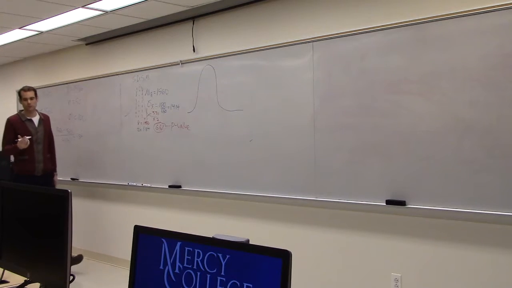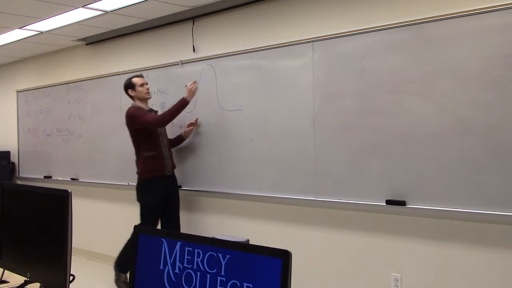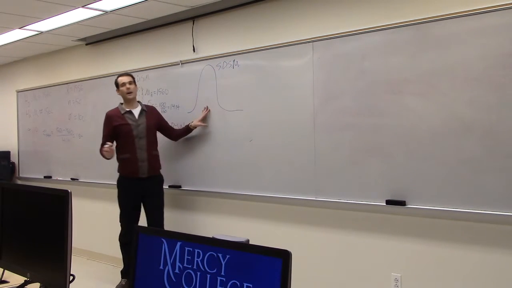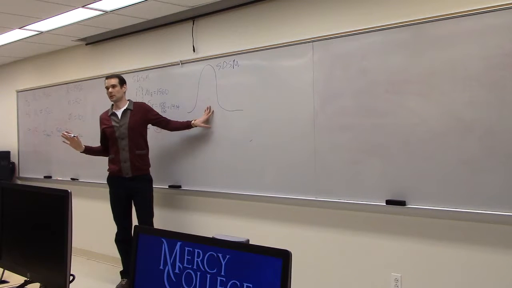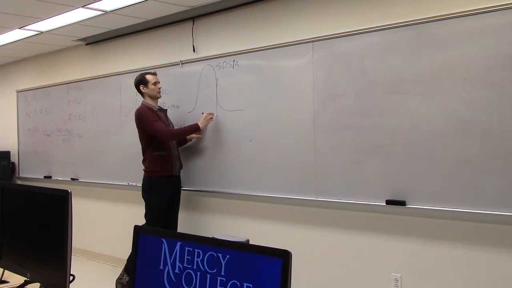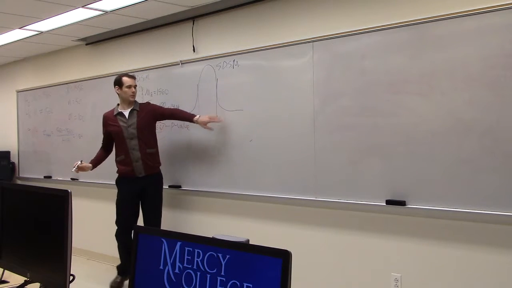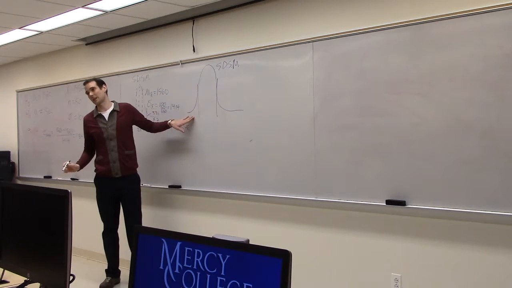And we know, on this sampling distribution of the sample mean, how the data is distributed. A certain percentage of the data is in the upper tail, a certain percentage is in the lower tail.